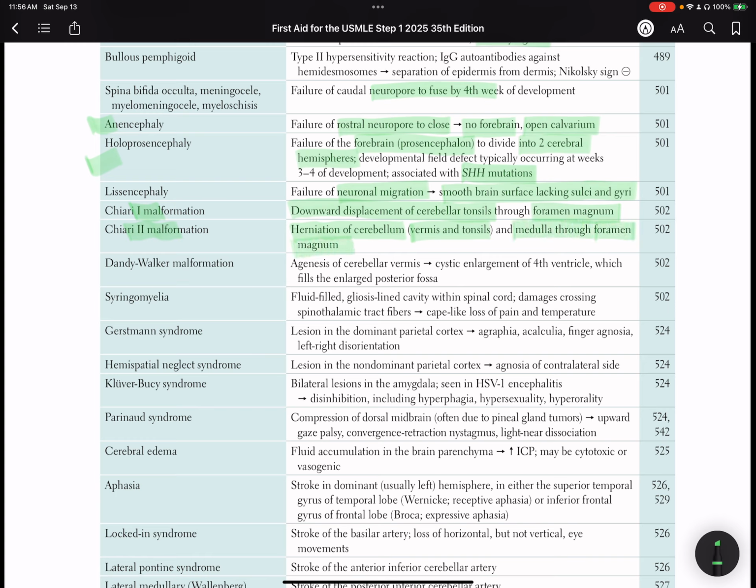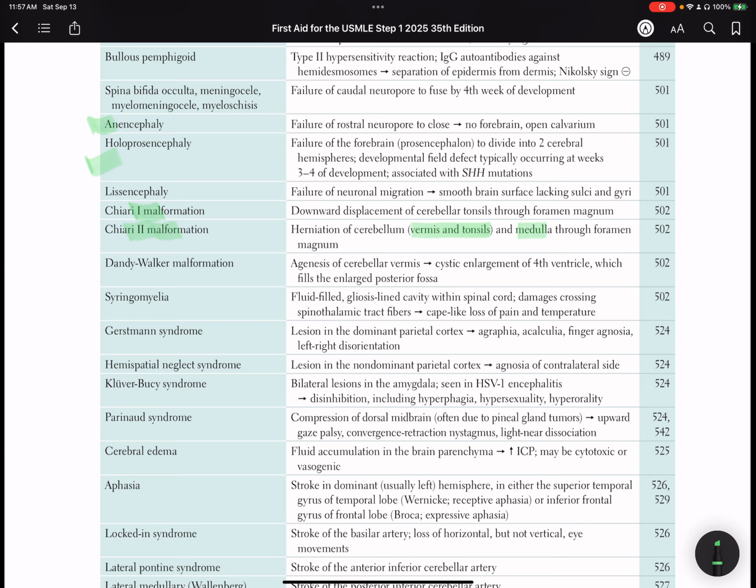So Chiari 1 is downward displacement of cerebellar tonsils only through foramen magnum. However, Chiari 2 malformation is when you have herniation of cerebellum, including vermis and tonsils, and medulla through foramen magnum.